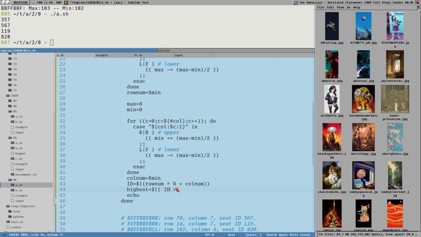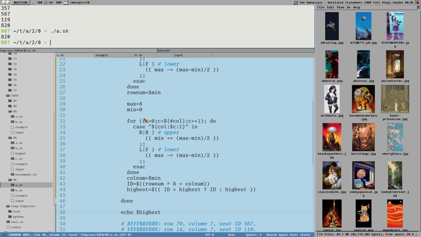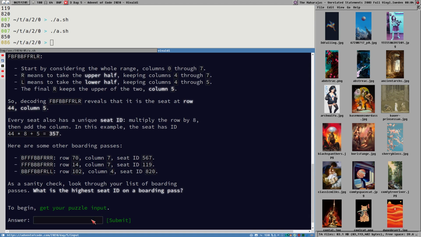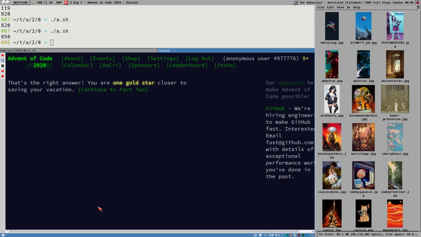If ID is more than highest, ID else highest. Right. We do input. 850. Gold star.